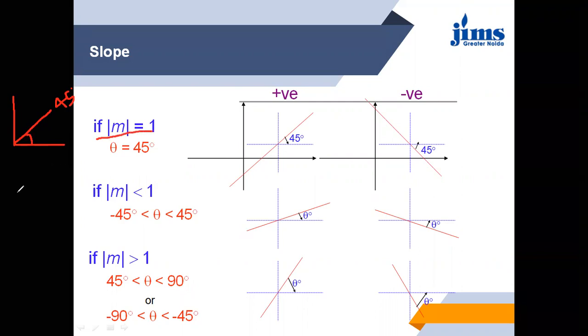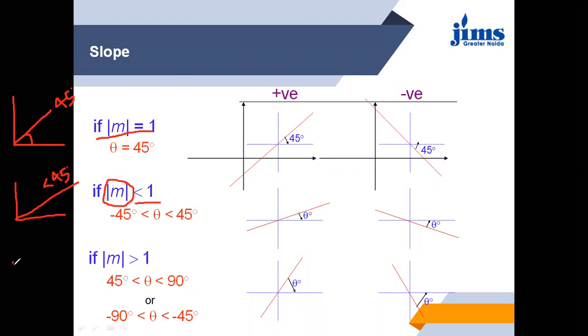When the angle of the line is less than 45 degrees, then the value of m is less than 1. I will tell you about the mode also, but till that point, forget about the mode.